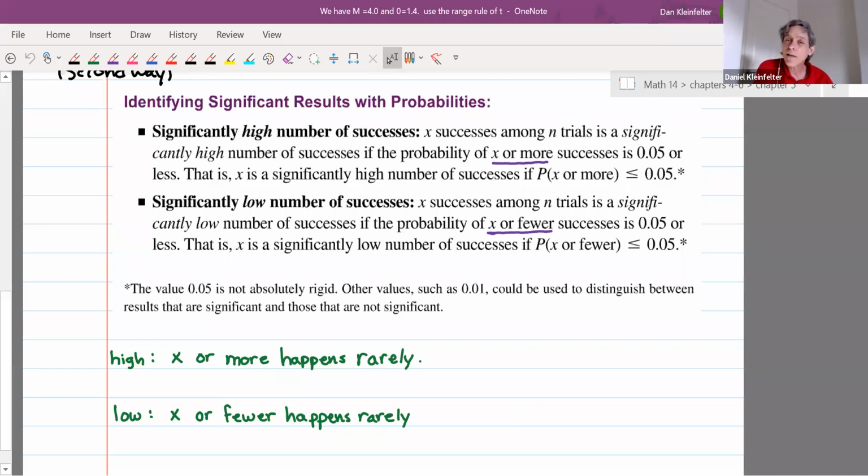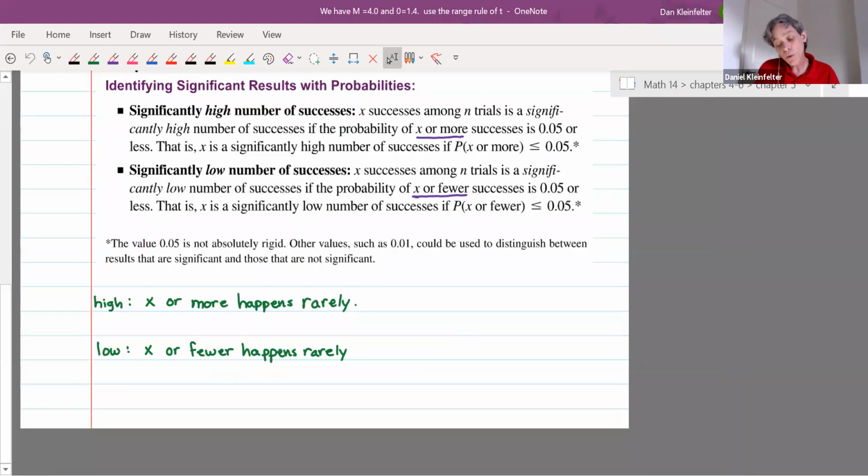By happens rarely, we're going to take that to mean has probability of less than 0.05, something that just doesn't happen very much. Something is significantly high if you get that many or more occurrences not very often. That's significant if it doesn't happen very often. Significantly low if you get X or fewer, rarely. That's the criterion for significantly low.